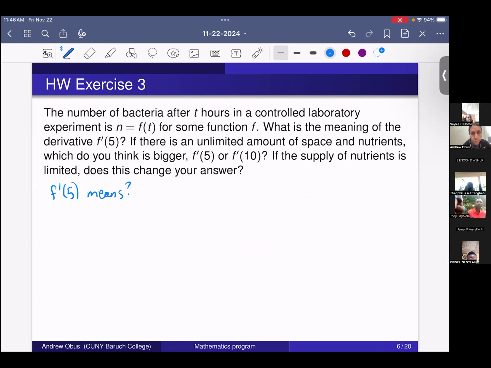The value that comes out means it was between 5 to 6 hours.